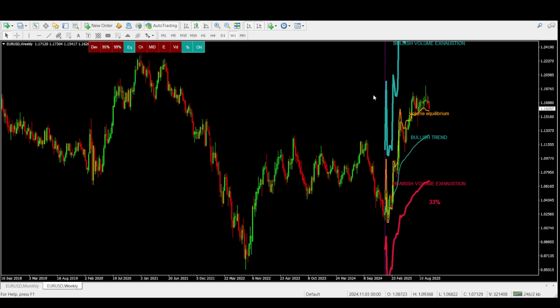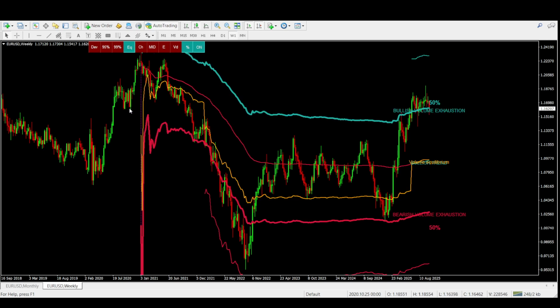We can check weekly again to see what is happening here. The market gave some bearish signals. Check the volume equilibrium. Here we got a break of the equilibrium, then reached the exhaustion.